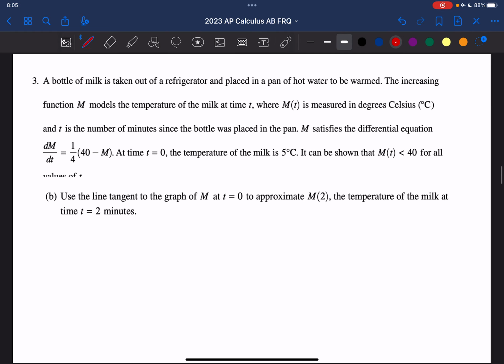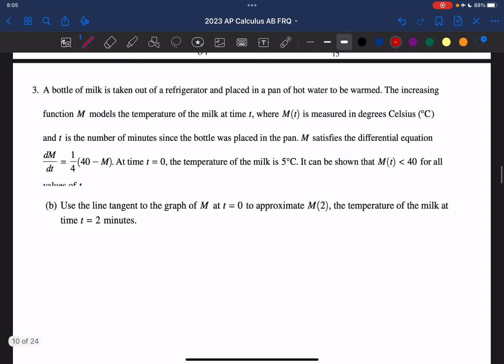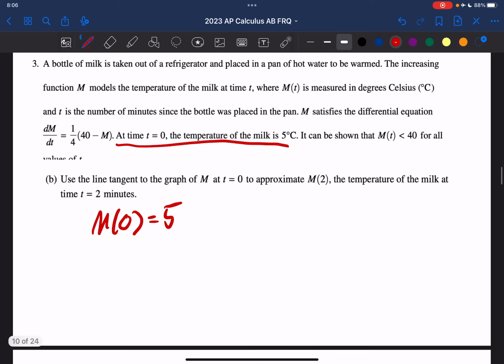For part B, it says, use the line tangent to the graph of m at t equals 0 to approximate m of 2. Now we are still using this right here, that m of 0 equals 5. But what we need is the slope in order to get our tangent line.